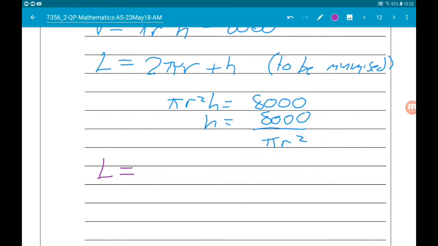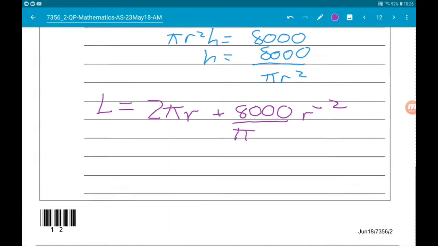So the length is 2 pi r add h. So add 8,000 over pi r squared. Now I'm going to write this as 8,000 over pi times r to the minus 2.